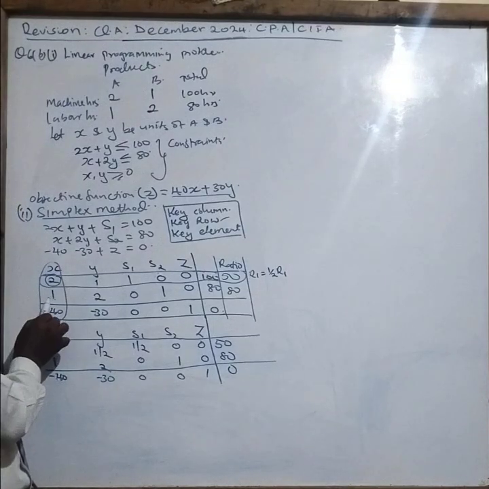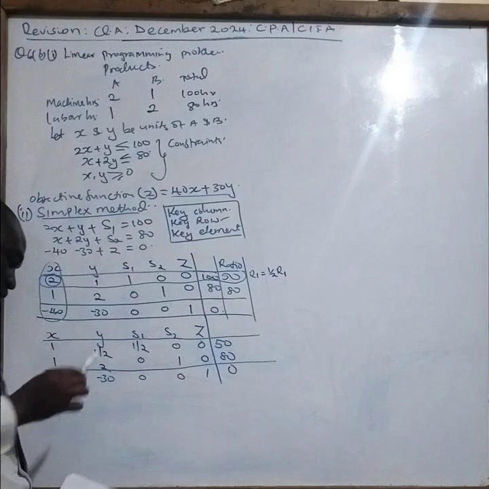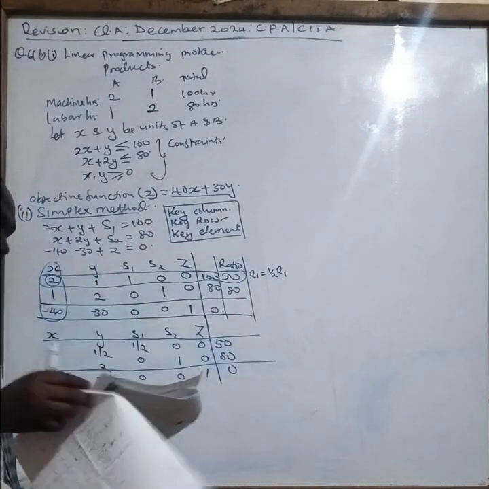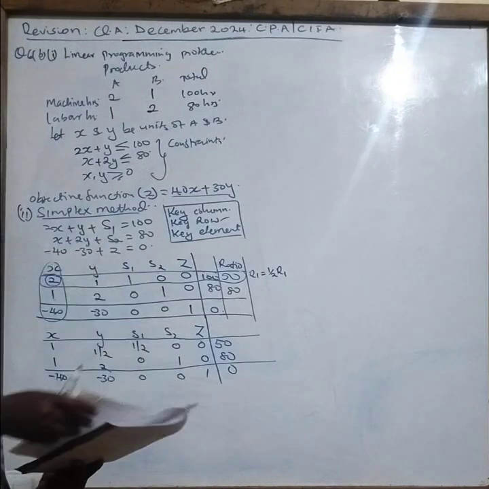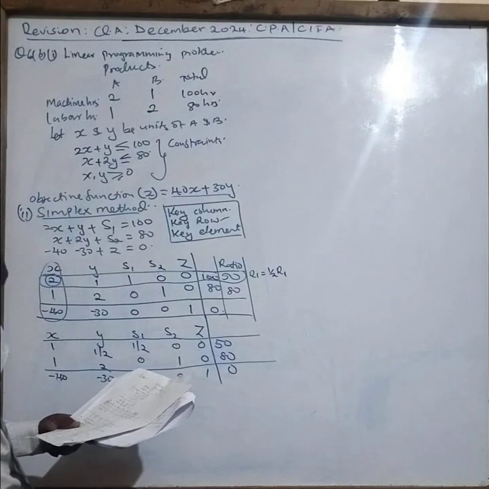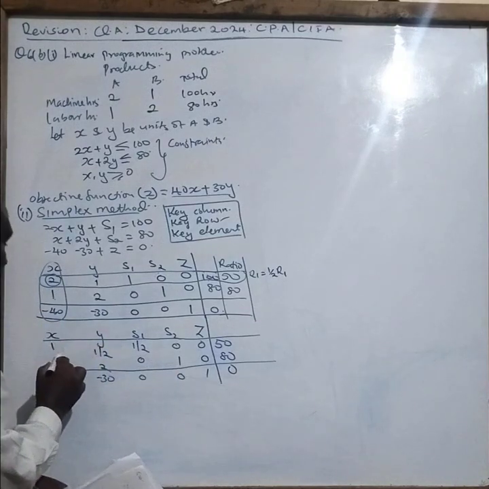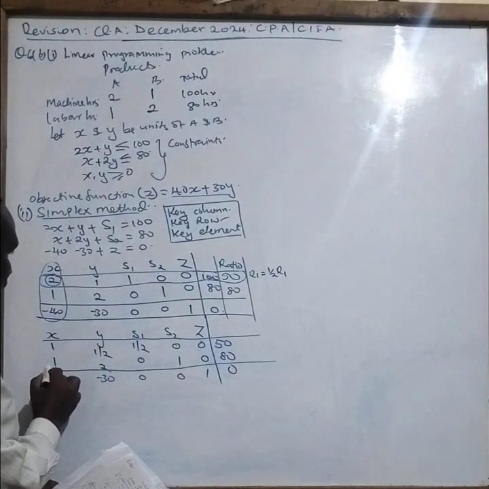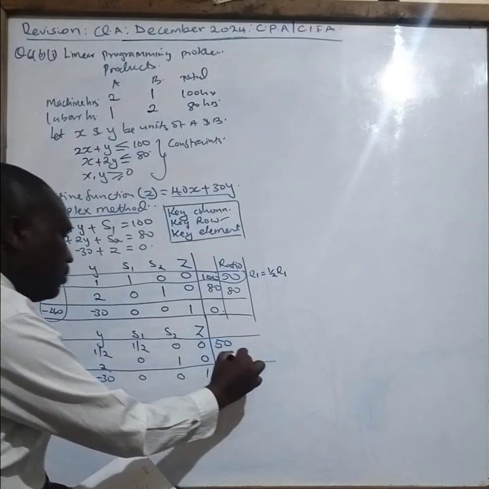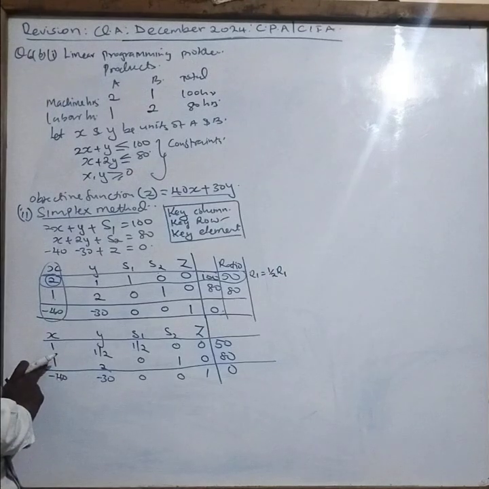So for me to make this one 0, my work is very simple. Therefore, what I'm supposed to do is very simple. I will now say, okay, this column here, I want to make this 0. So I will say it will be 1 minus 1.